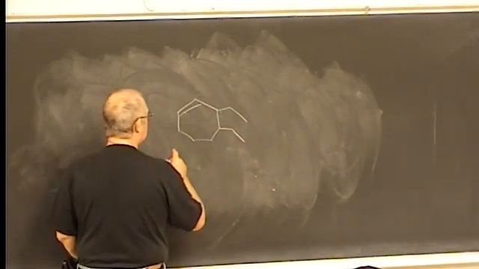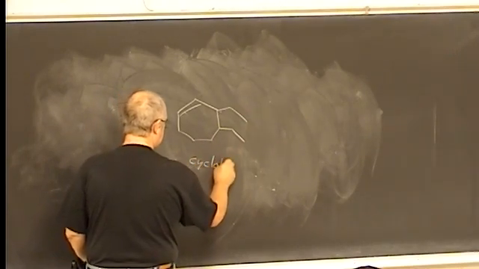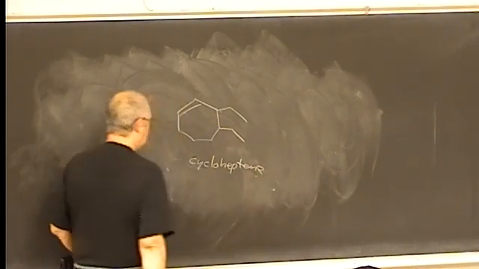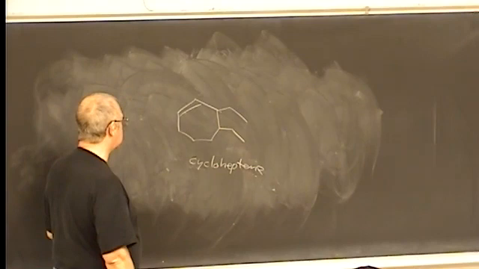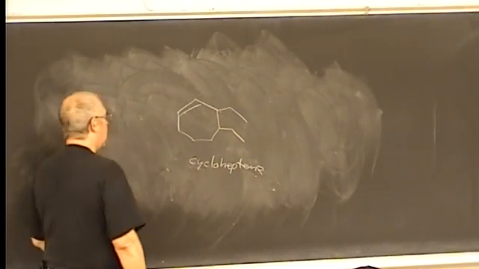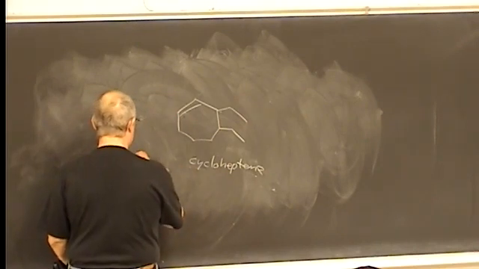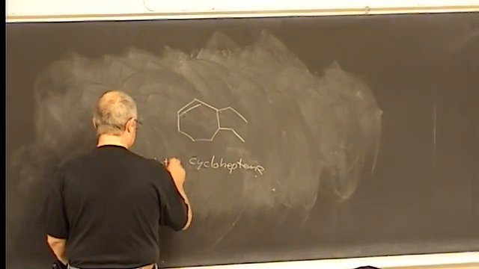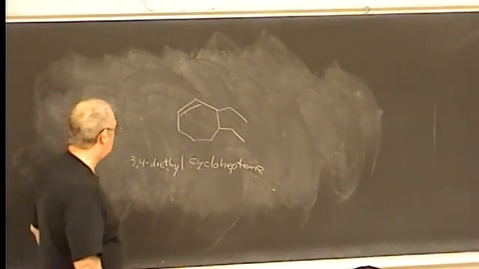So this would be cycloheptene. You could say cyclohept-1-ene, although it's not necessary. It's understood the double bond is between 1 and 2, so this is 3,4-diethyl cycloheptene.